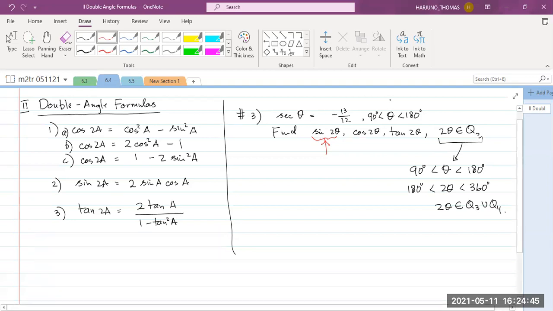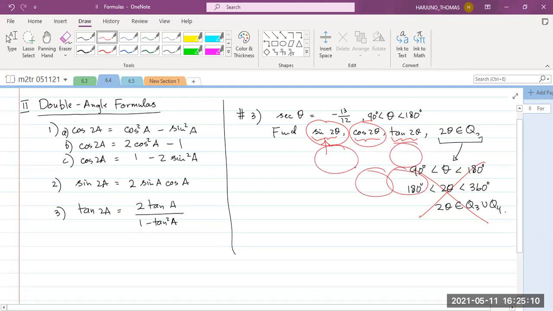So if you want to know if it is in quadrant 3 or quadrant 4, then do cosine or tangent of 2 theta instead. Now, if you don't want to use this method, then you need to do 2 of these 3, sine and cosine, or sine and tangent, or cosine and tangent, and see how they behave.